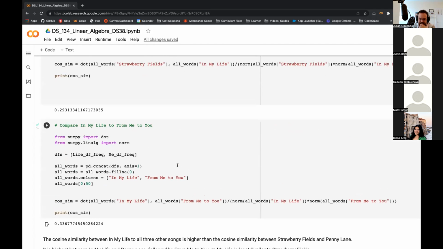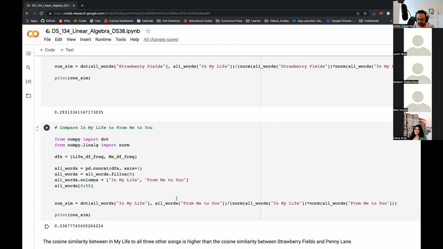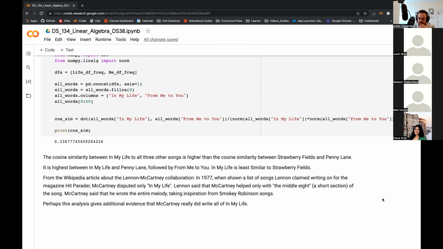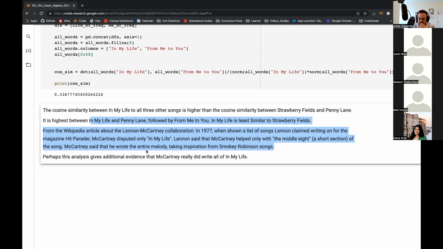And it is highest when compared to the songs where they actually collaborated together. So the cosine similarity of In My Life to all other songs is higher than the cosine similarity between Strawberry Fields and Penny Lane, like we just said. And the relationship between In My Life and Penny Lane is technically the highest.